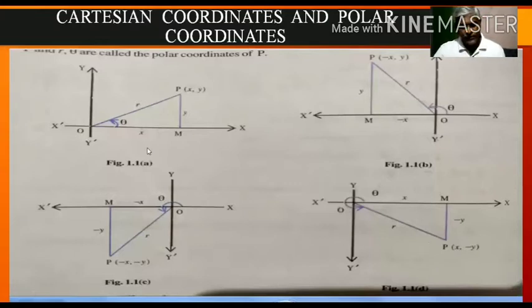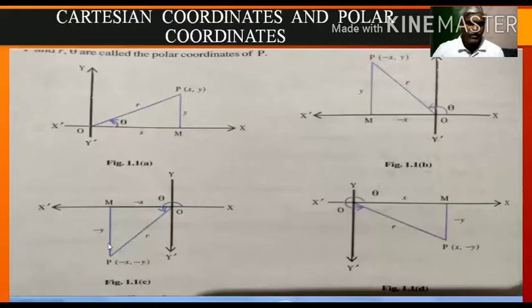quadrant, we calculate the angle. So theta, if it is in first quadrant, the value of theta will be 0 to 90. If it is in second quadrant, it is 90 to 180.